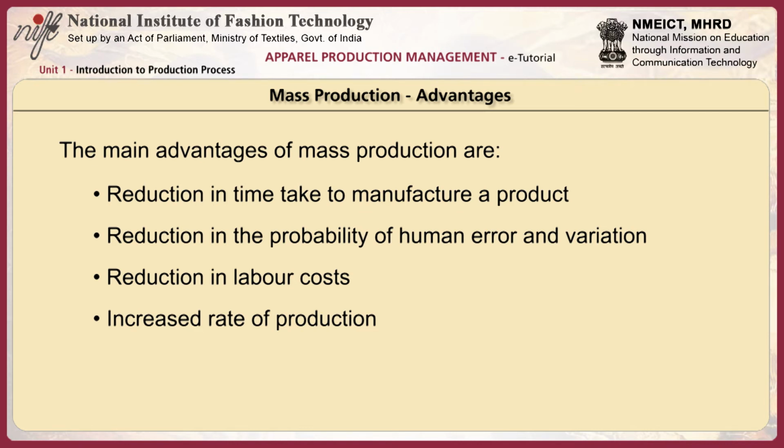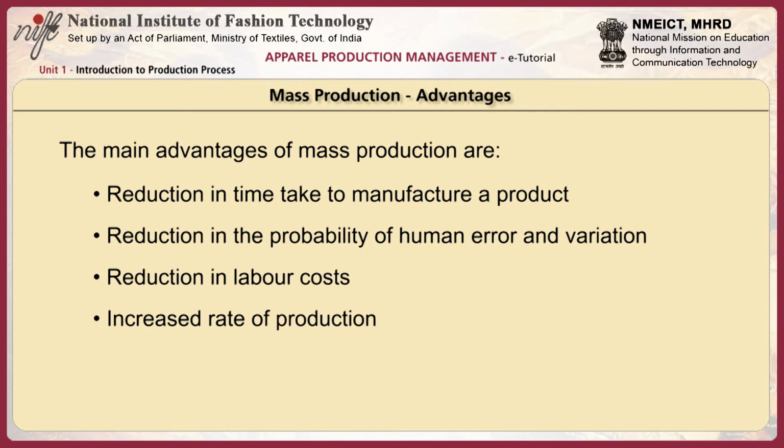The probability of human error and variation is also reduced, as tasks are predominantly carried out by machinery. One of the other advantages of mass production is a reduction in labor costs. Also, it is directly related to an increased rate of production.